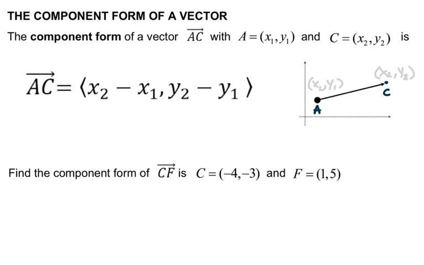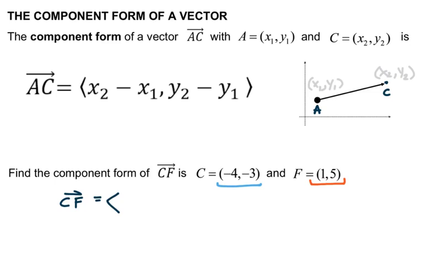So in this example, we're asked to find the component form of CF. C originates at the point -4, -3, and then my terminal point is at F, the ordered pair 1, 5. So what that means is the vector CF could be denoted by first subtracting the x components.